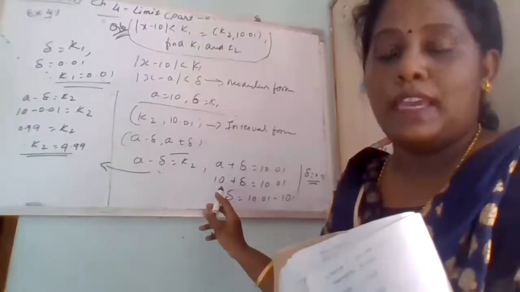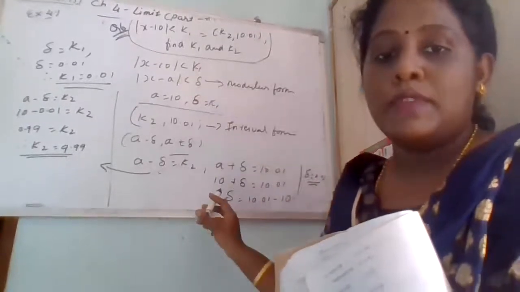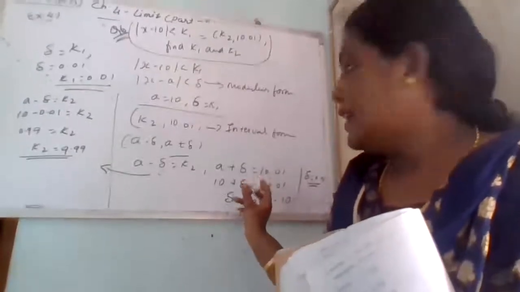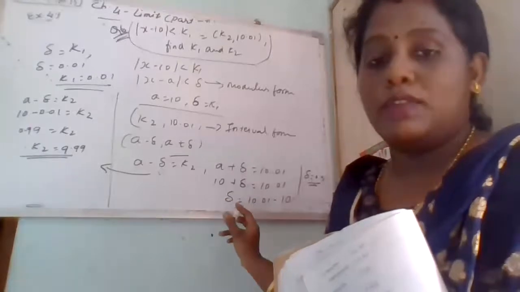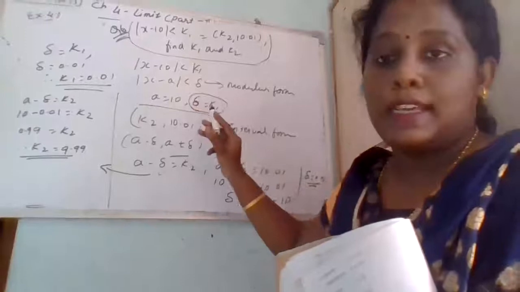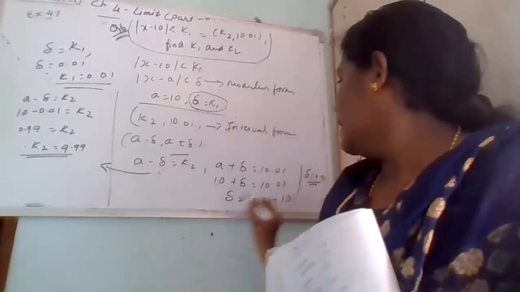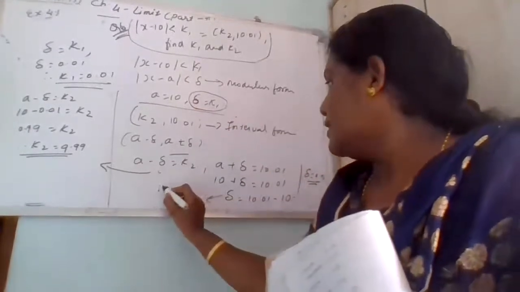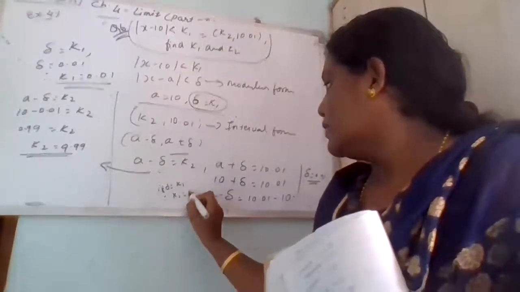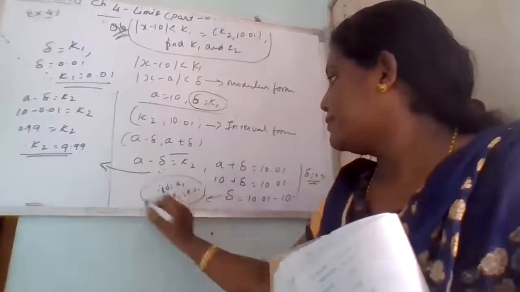The value of a we got earlier, that is 10. So 10 plus delta equal to 10.01, right? Then we got delta equal to 0.01. That means if delta equal to k1, therefore k1 equal to 0.01, right?